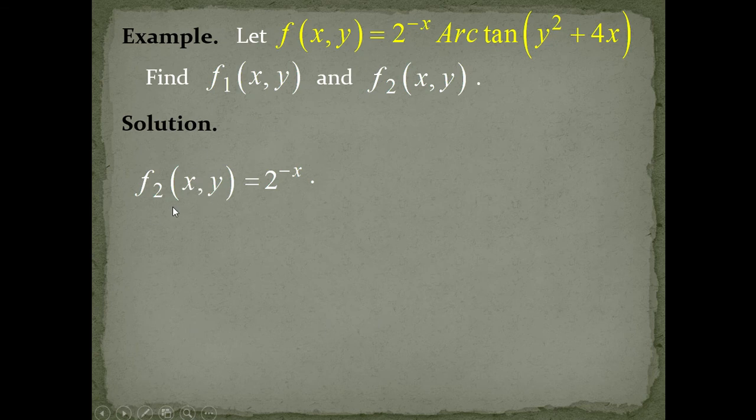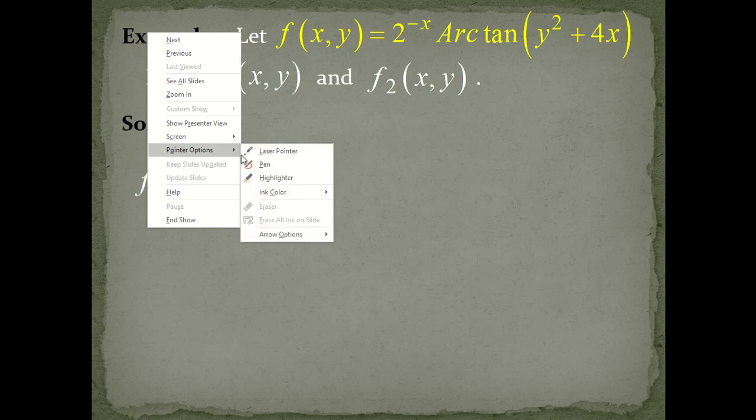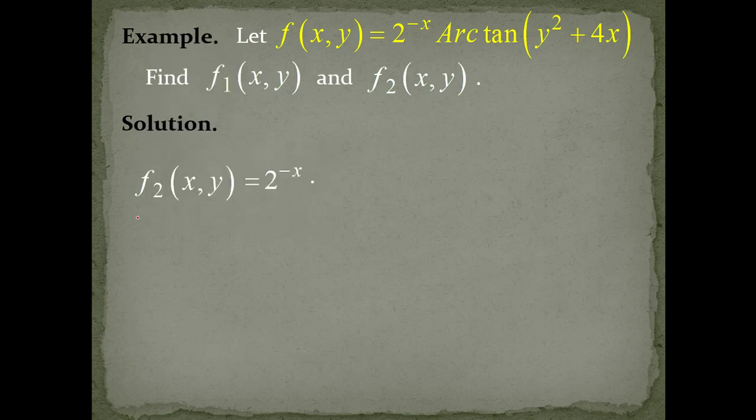So it means that here we are going to treat x as constant. Okay, so for this part we have to consider x as constant. So x equal to constant.